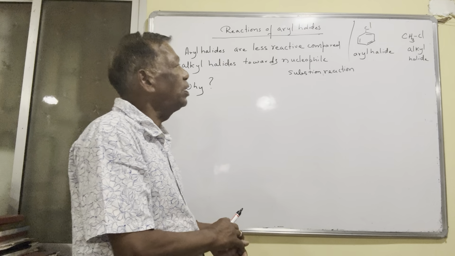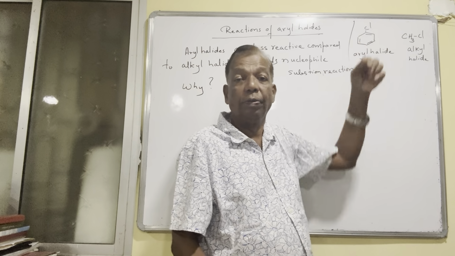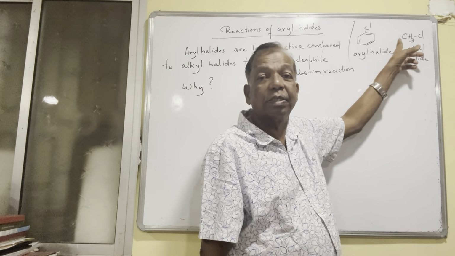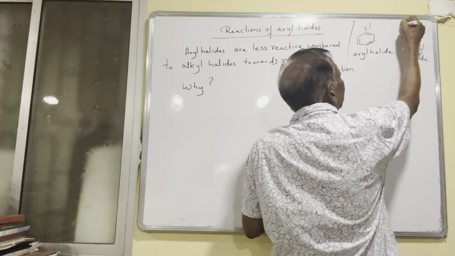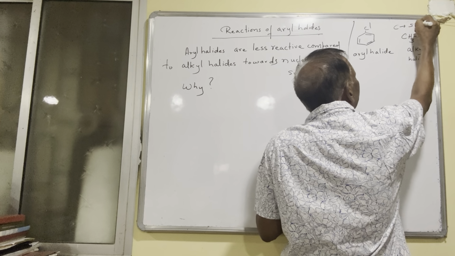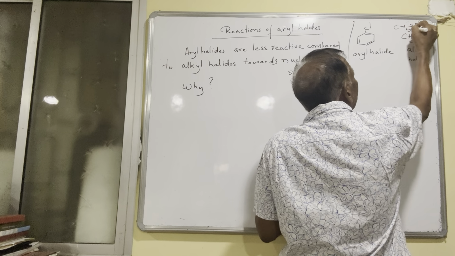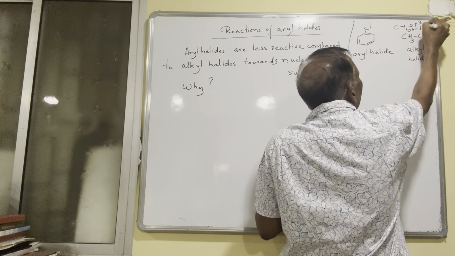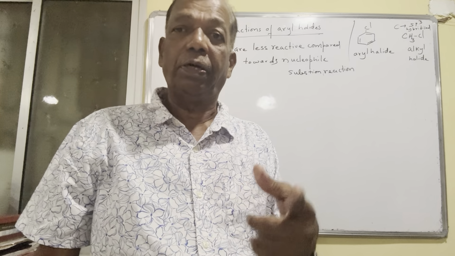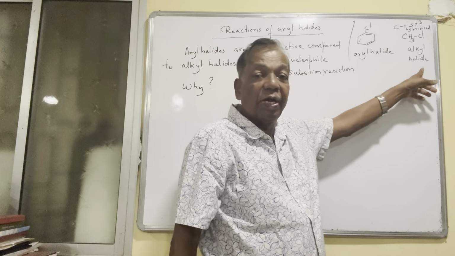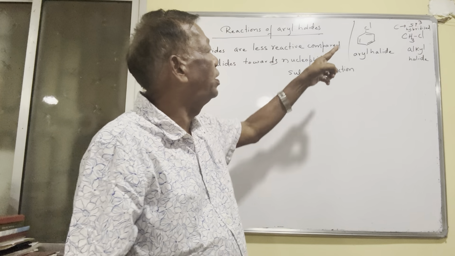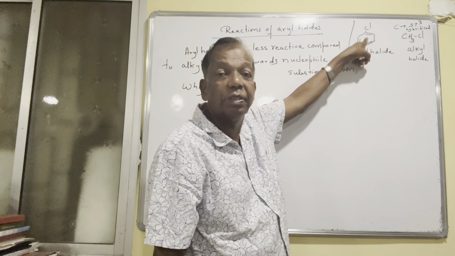So why is this bond strong, the carbon-chlorine bond? Here in this case, this carbon is sp3 hybridized. So carbon in the case of alkyl halide is sp3 hybridized, whereas the carbon over here is sp2 hybridized.